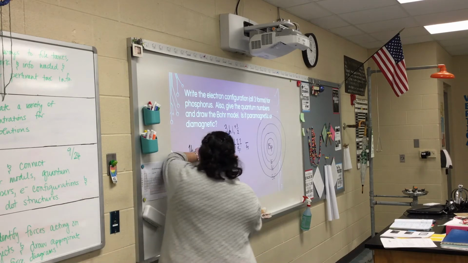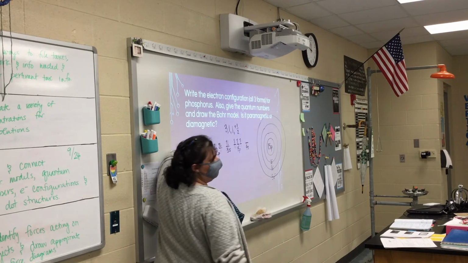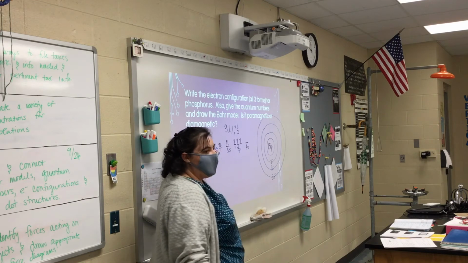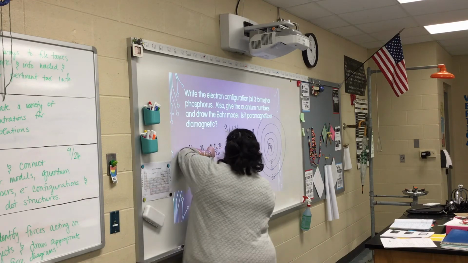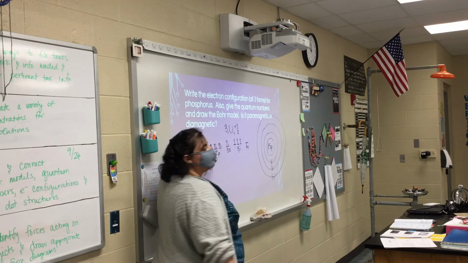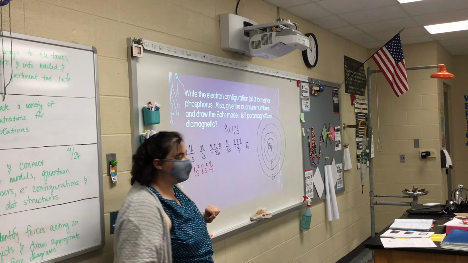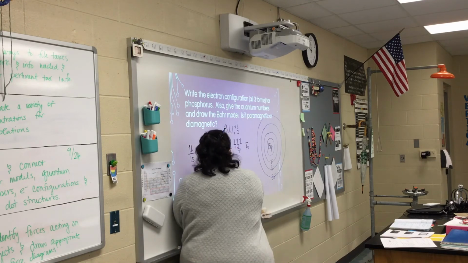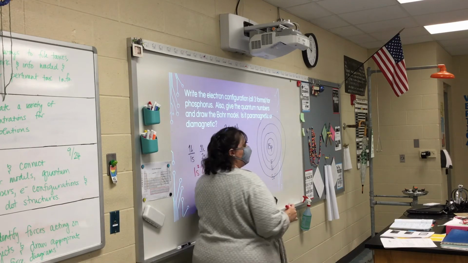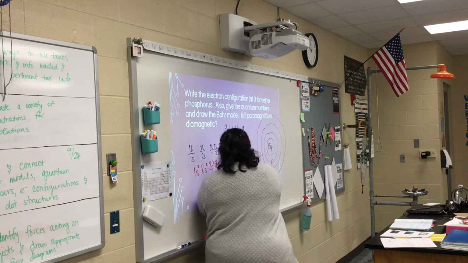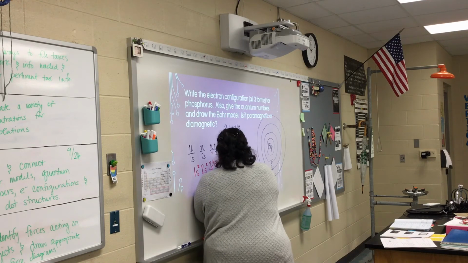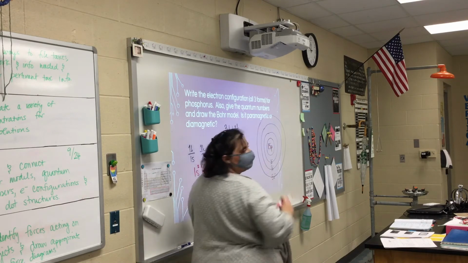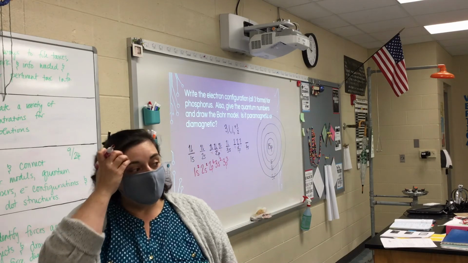Then we go on to 2s. How many electrons are there? 2. Then we go on to 2p. How many electrons are in all of 2p? 6. Go on to 3s. How many electrons are in 3s? 3p. How many electrons are in 3p? There you go, condensed.